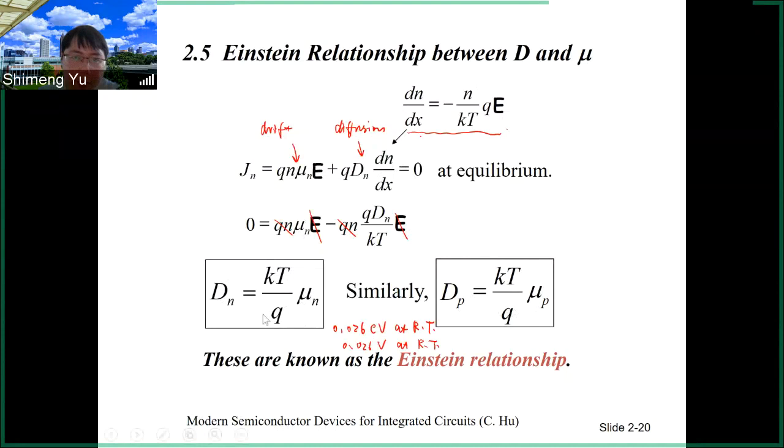So here, this is a relationship between the diffusion and the drift, and this is known as the Einstein relationship. So this is the same Einstein, you know, the famous one. So this is just one of his minor contributions, and he discovered this in the semiconductor. So this is named after Einstein.